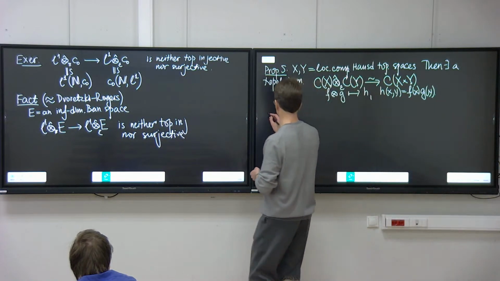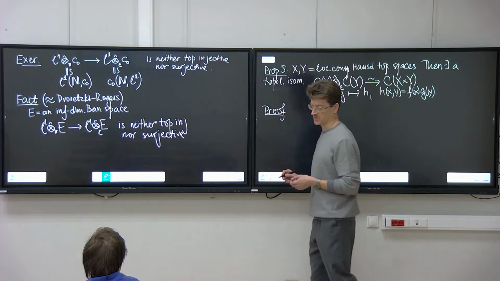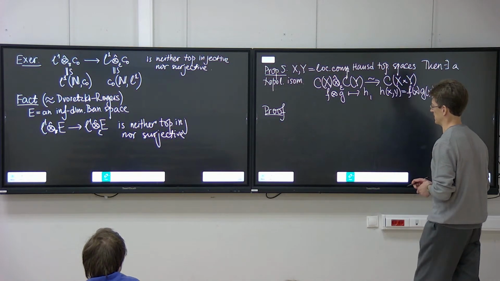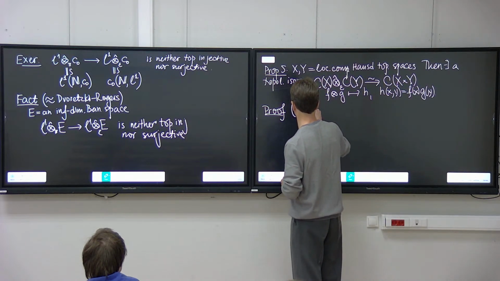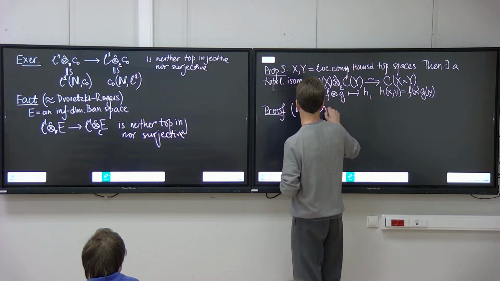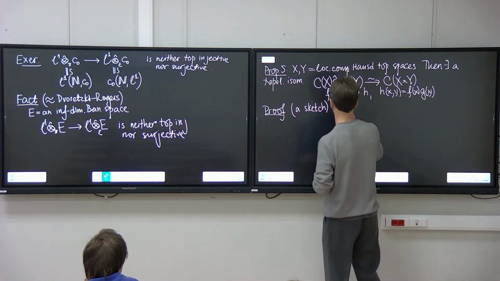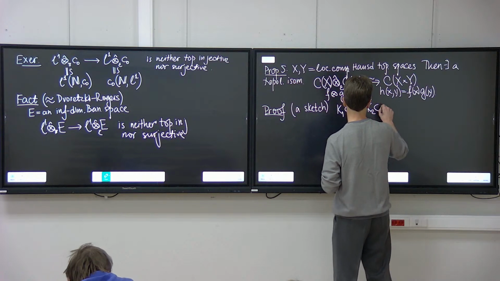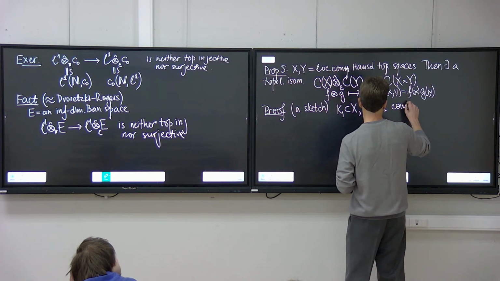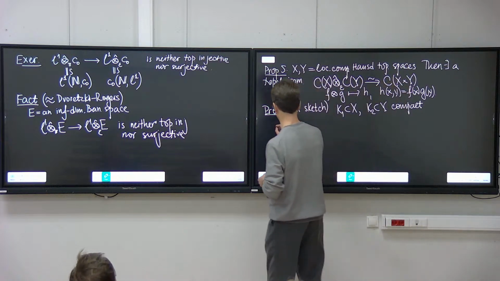Why is it true? So the idea is to reduce everything to the case of compact spaces. Again, I give you a sketch of proof, but the details can easily be reconstructed. So we choose a pair of compact sets, K1 in X and K2 in Y. And we look at the following diagram.